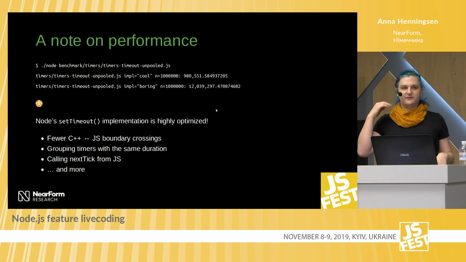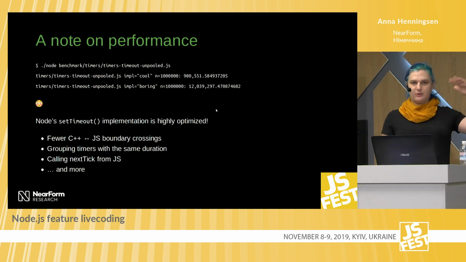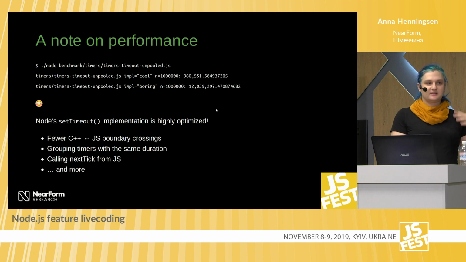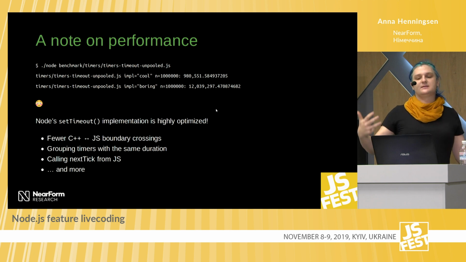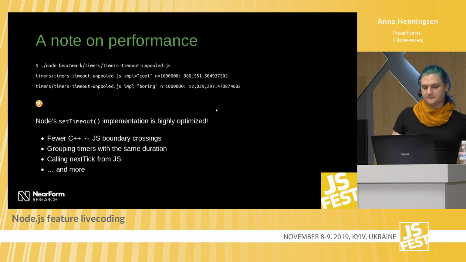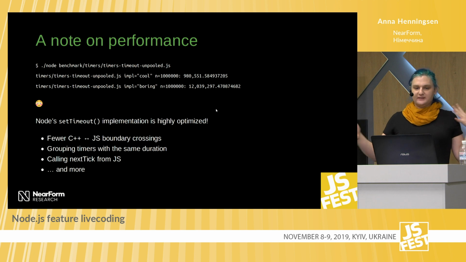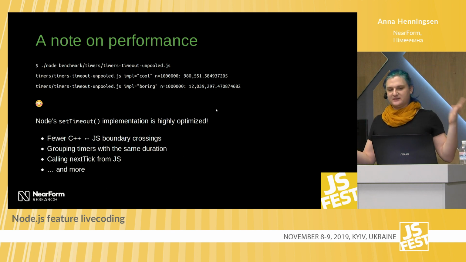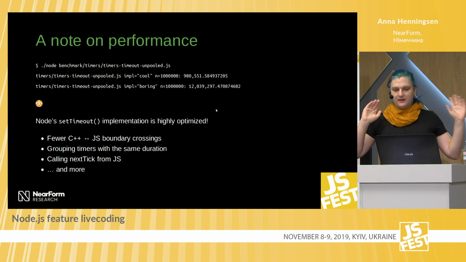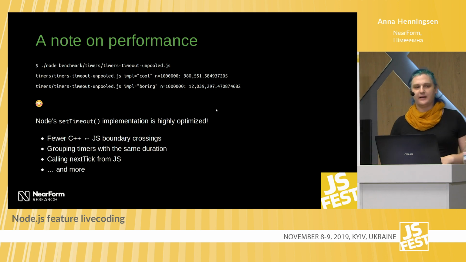Or if you create a timer with 500 milliseconds and then one with 1,000, it's going to wait for the timer with 500 milliseconds, and it's not going to tell libuv anything about the timer with 1,000 milliseconds. It only does that once it's done reaching the next timer, the 500 millisecond one. So it's grouping timers together. Also, it's avoiding C++ boundary calls and a number of other things.